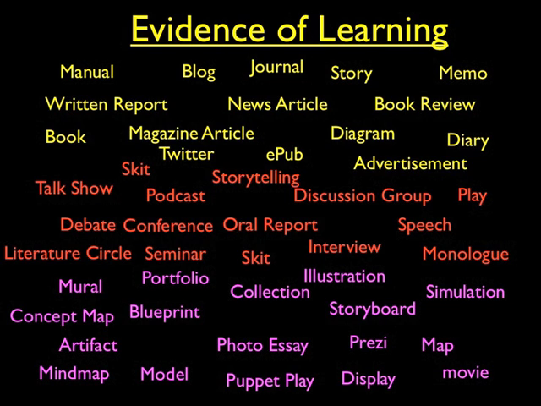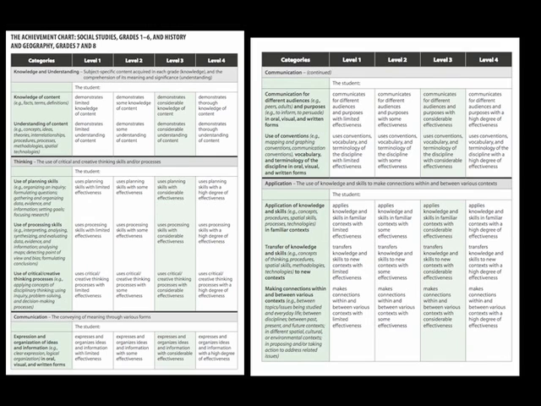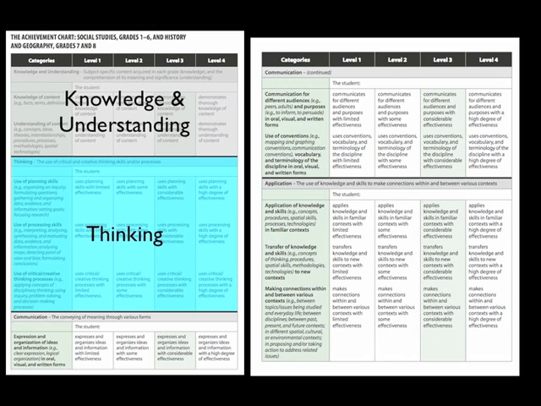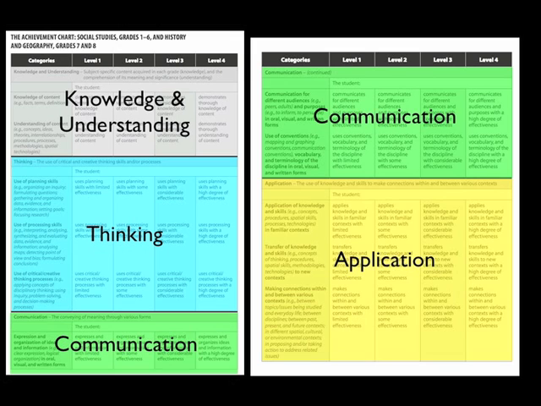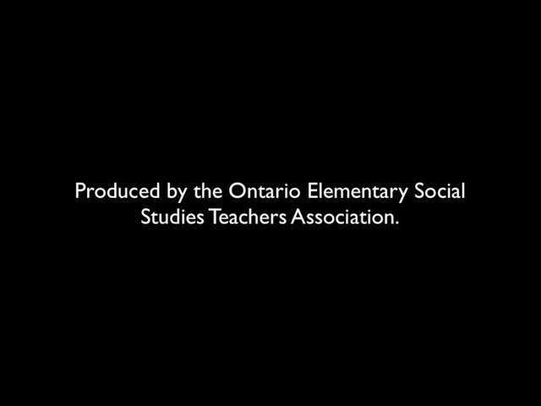A well-chosen summative task or end product will allow students to illustrate their proficiency in the 4 areas of the achievement chart: knowledge and understanding, thinking, communication, and application. Having both grades in a combined grades class complete a similar type of summative product, but differentiating the content specific to each grade, will help the class focus on the common thinking skills, inquiry process, and spatial skills that are key features of the 2013 Revised Social Studies History and Geography curriculum.